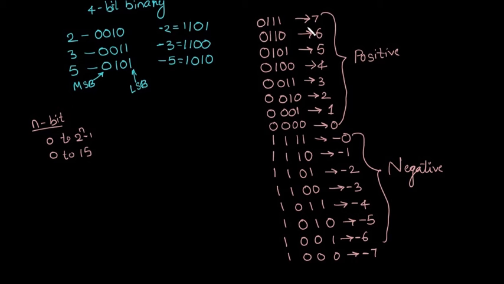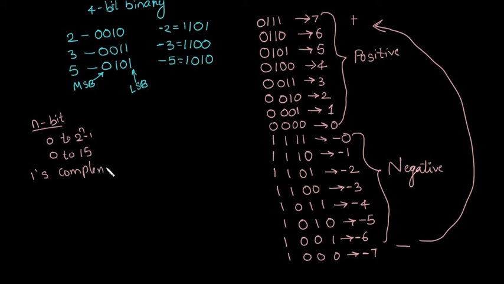But n-bit binary number in 1's complement represents the range from some negative value to some positive value.